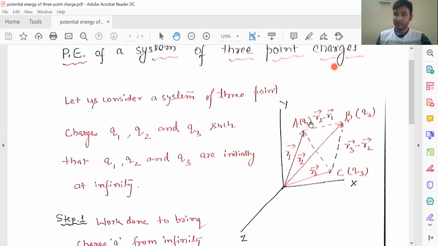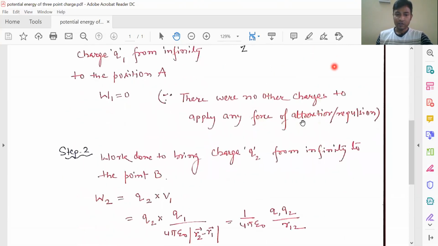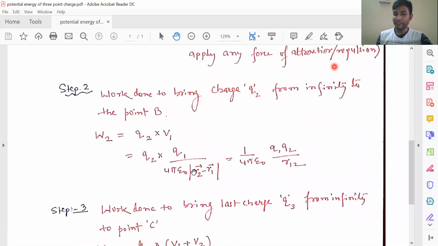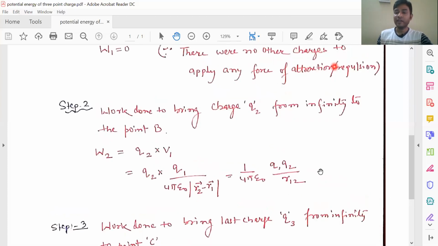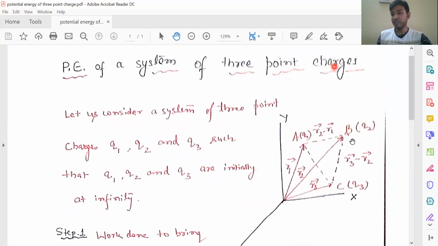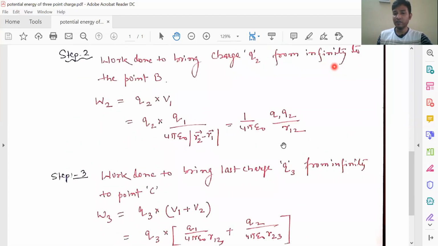Taking only the magnitude part, I just made it concise and simply wrote R12. It indicates the scalar distance. R12 means the magnitude of R2 minus R1, the distance from A to B. Clear? Or the distance from the first charge to the second charge.